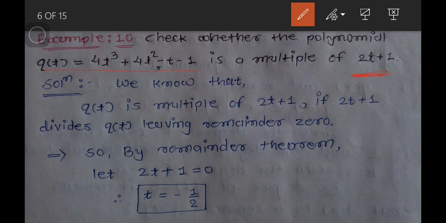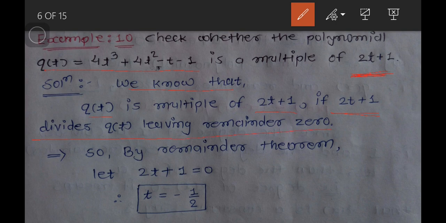Now, solution of it. We can say that q of t is a multiple of 2t plus 1 if 2t plus 1 divides q of t leaving remainder 0.